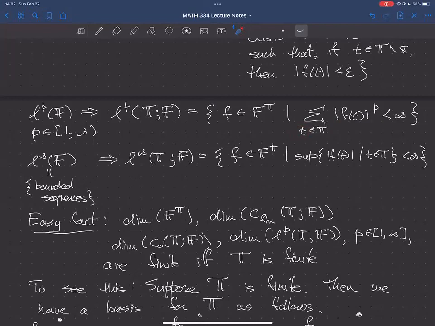That means the sequence is bounded, and by exactly the same reasoning, the LPs are all contained in little c0 as well. Again, because as t gets large, these things have to get small.